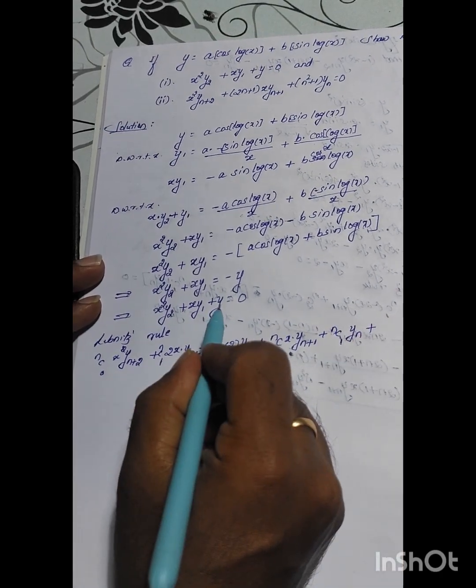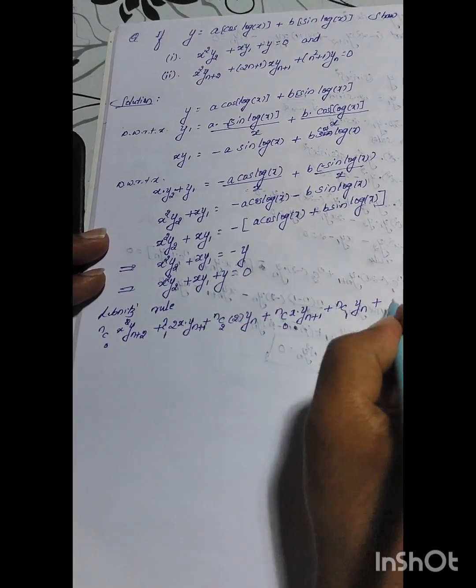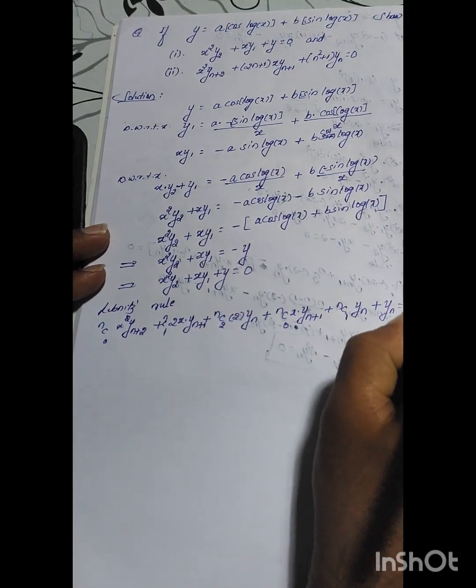Plus the nth derivative of y, which is yn, will be equal to 0, right?